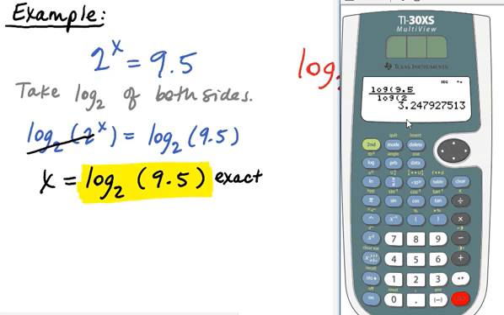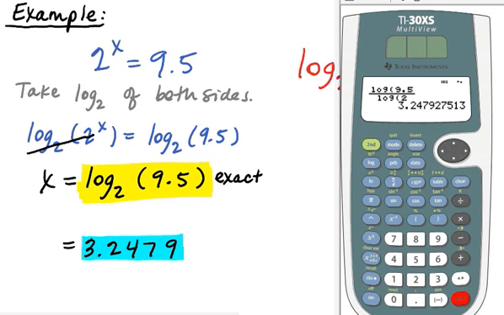We're going to get 3.2479. And this value is what we're going to call an approximate solution.